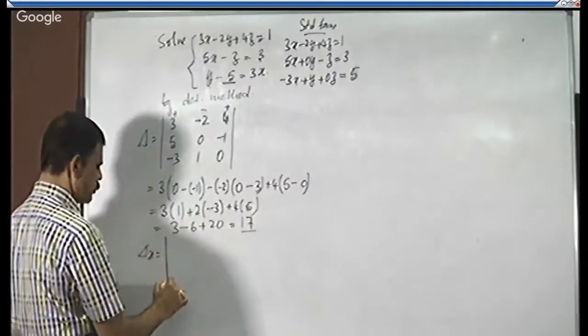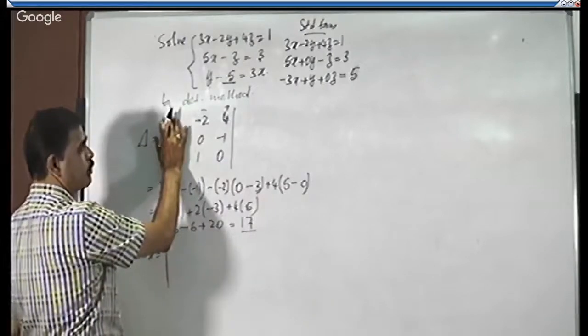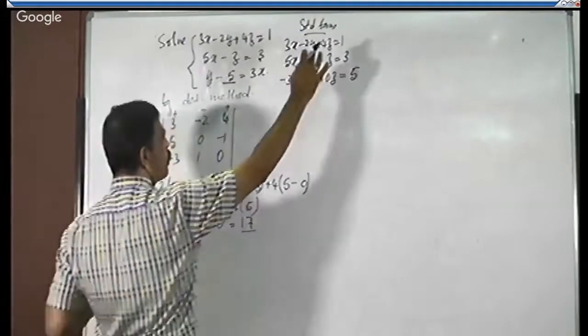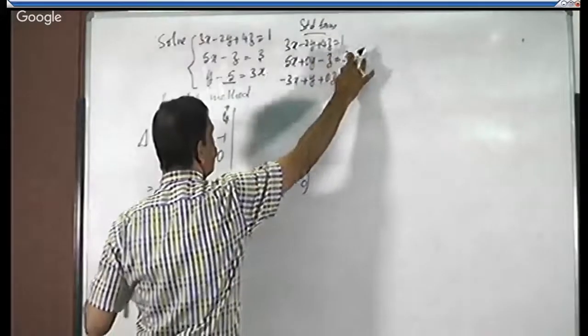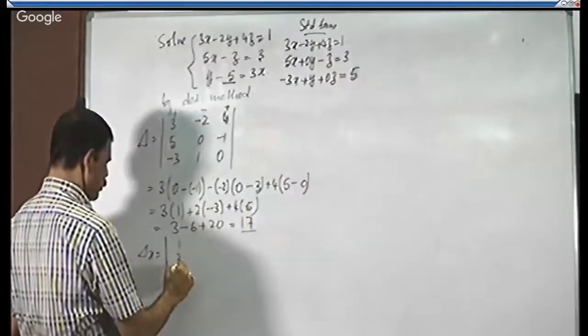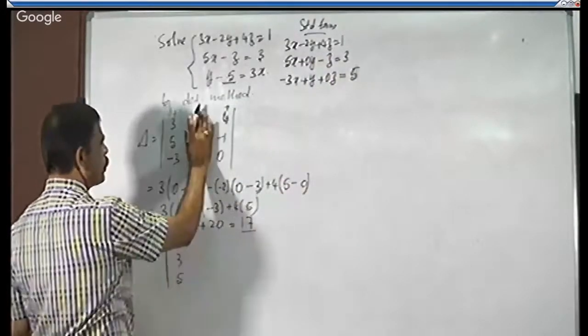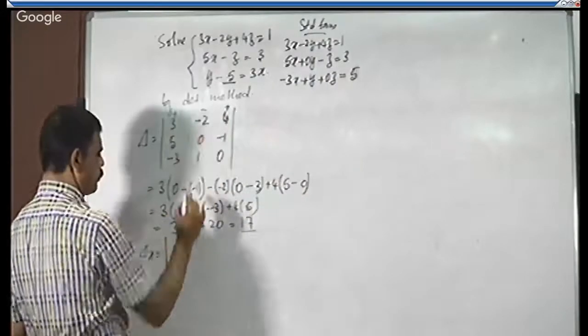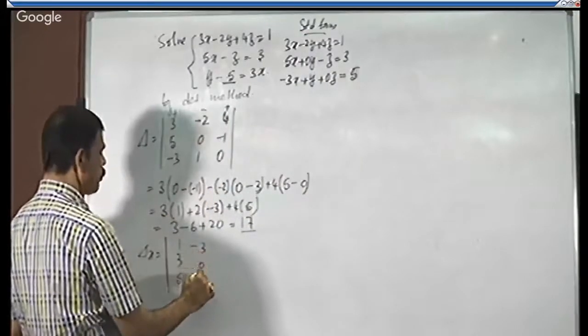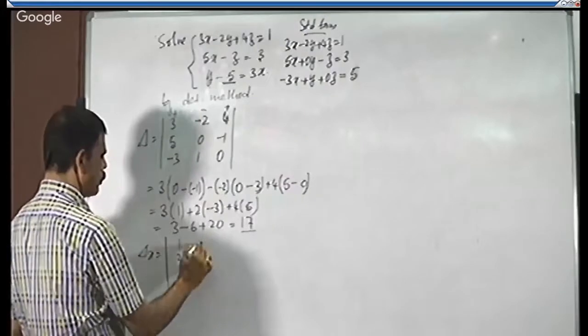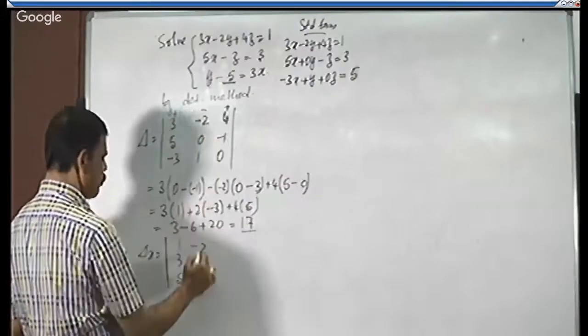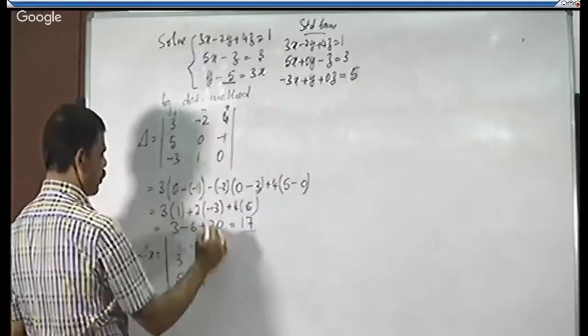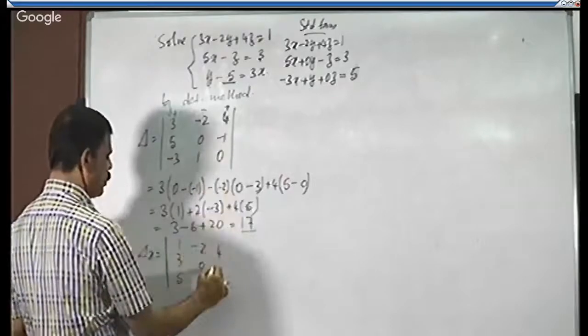In delta, x coefficients are replaced by what? Constants. 1, 3, 5. Second and third column should be taken as it is. Minus 2, 0, 1. 4, minus 1, 0.